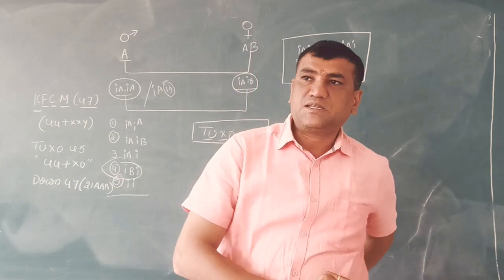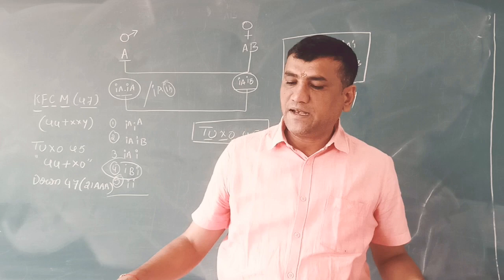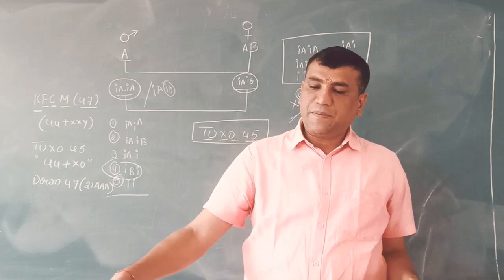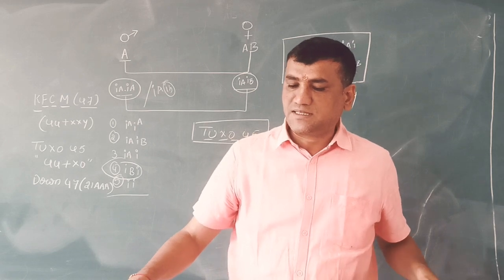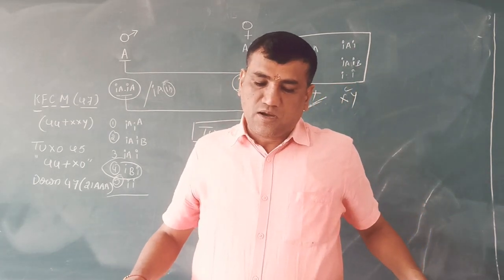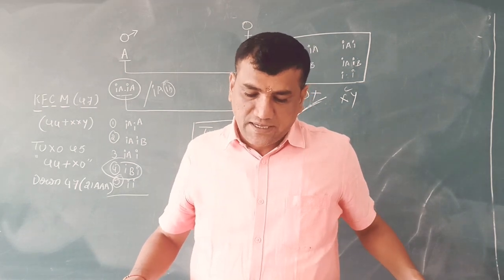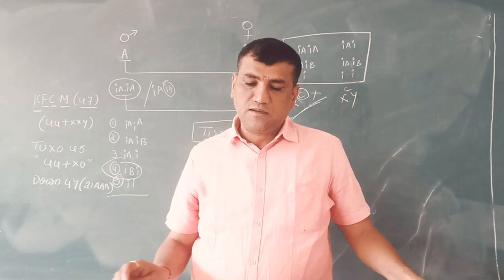Then what can be the chances? The female parent is heterozygous. The parents could not have had a normal daughter for this character. The trait under study could not be color blindness. The male parent is homozygous dominant.